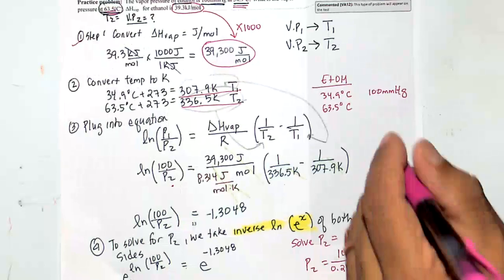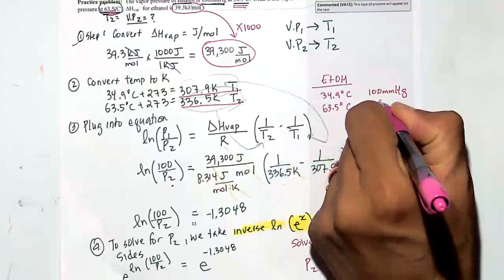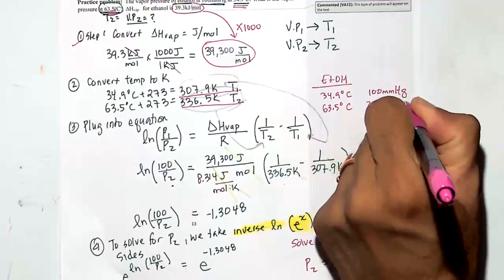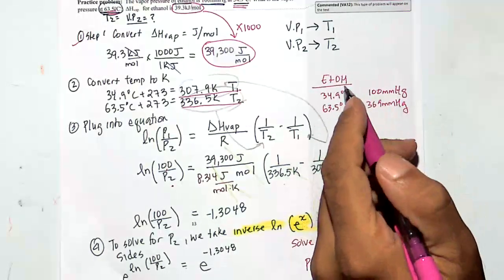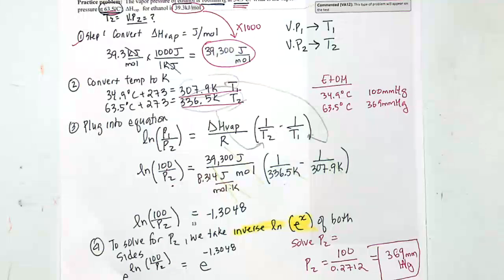And here it has gone up to 369. This makes sense. If you raise the temperature, you have more molecular motion, more kinetic energy, and more of the molecules can evaporate. And if more molecules can evaporate, more molecules can also condense. When they condense, they can form a vapor pressure.